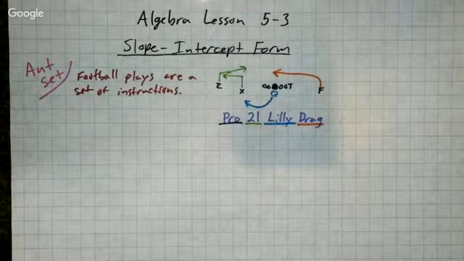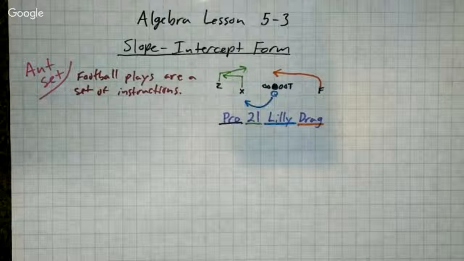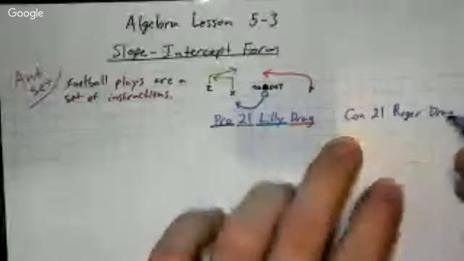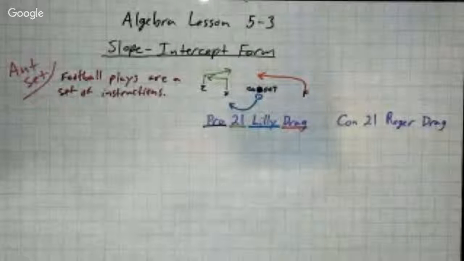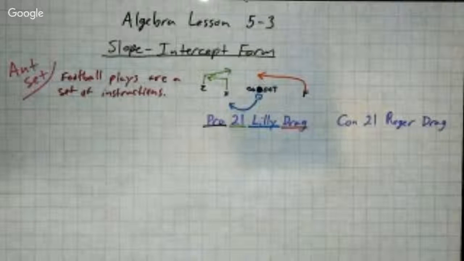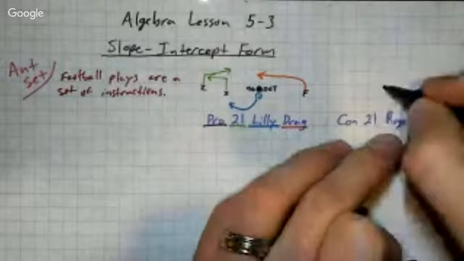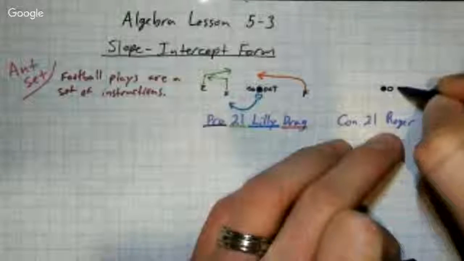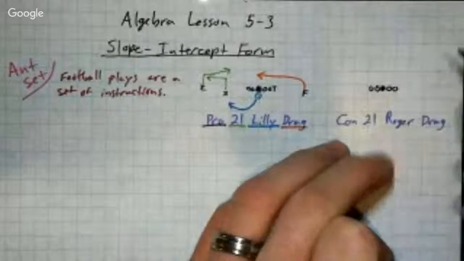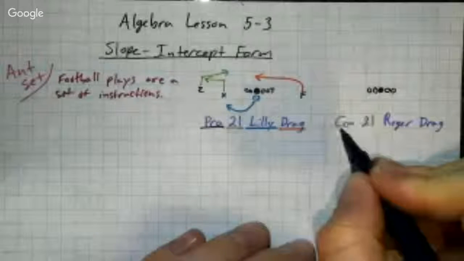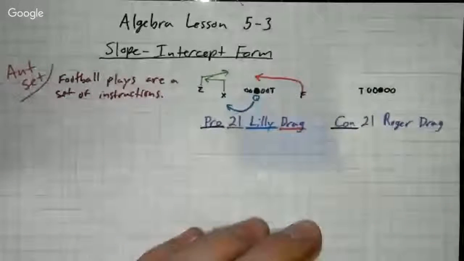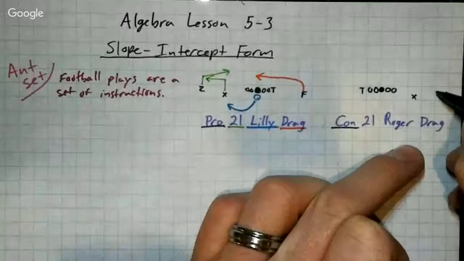You can see the slight change was Con 21 Roger drag. So you can see that the set of instructions changes just a little, but the play looks quite the same. So there's our football, our lineman. Since it's con, this time, con meant that the tight end would go on this side, meaning our receivers would be on this side.